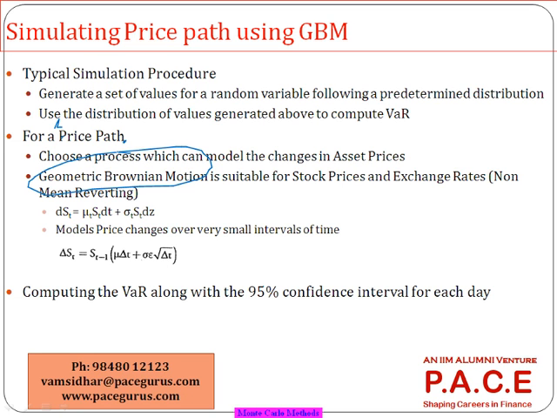It's a very important aspect in terms of stock price or any price prediction model. We assume that the prices will follow what is called a geometric Brownian motion. And the interesting aspect of geometric Brownian motion is something like this.